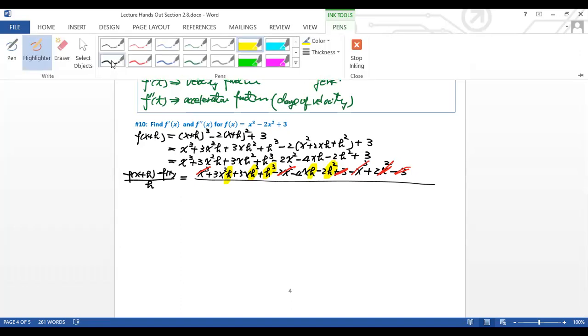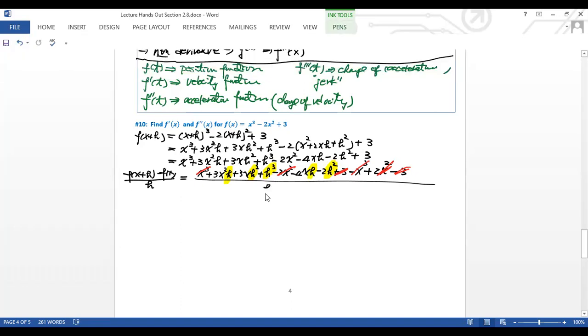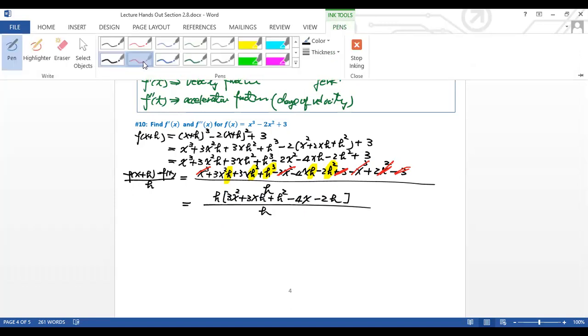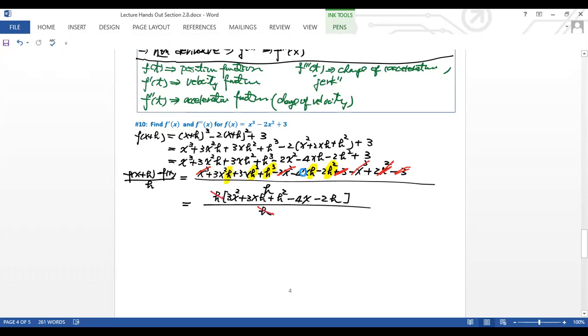So what I can do is factor the h out. So this is h times 3x squared plus 3xh plus h squared minus 4x and minus 2h, right? So I can factor the h out, and hey, that's good, the h cancels out.